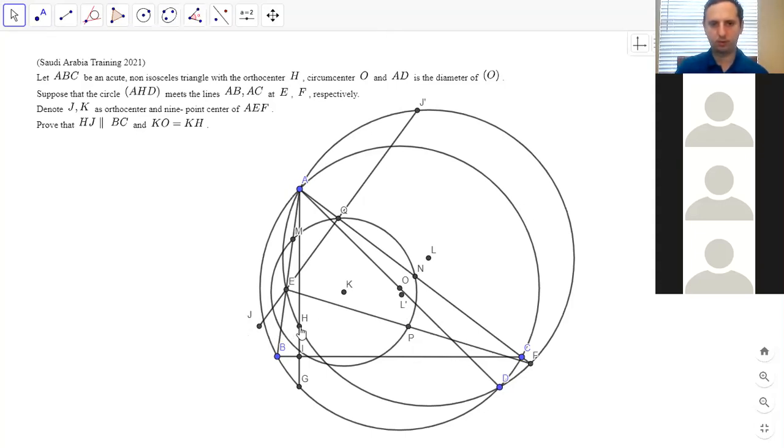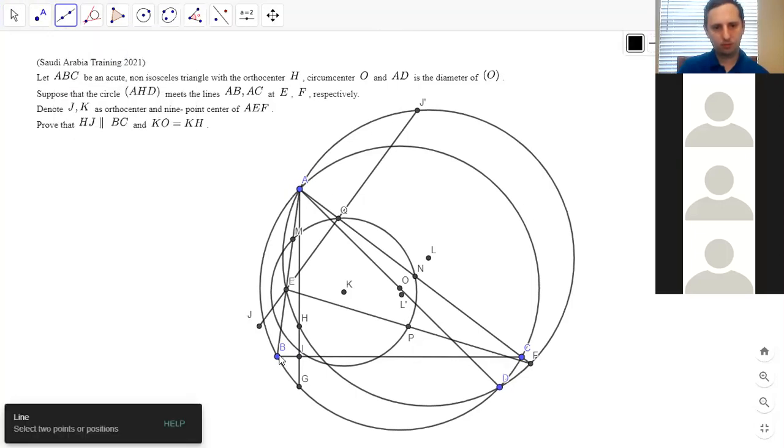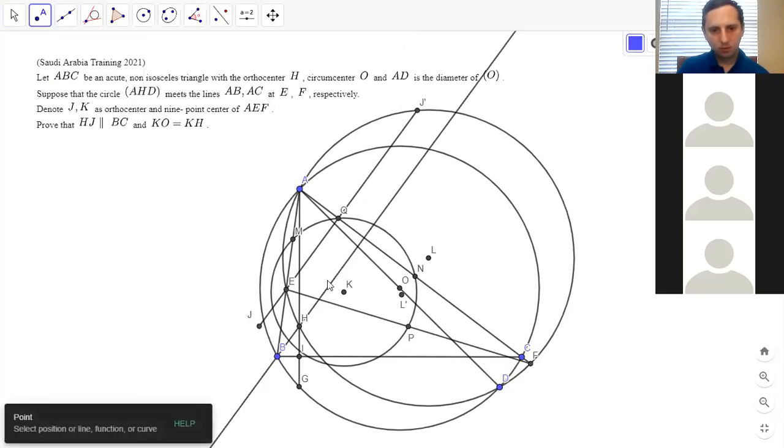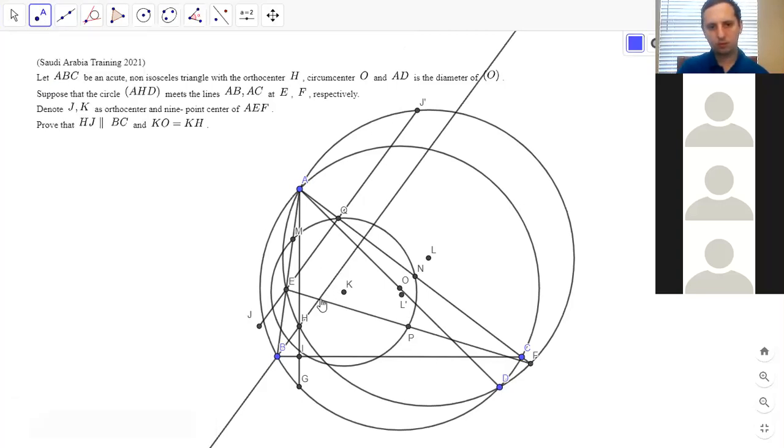I'm sure it's the same as the distance from H to BC. You know what? Let me draw this. Just going to add a couple points here.